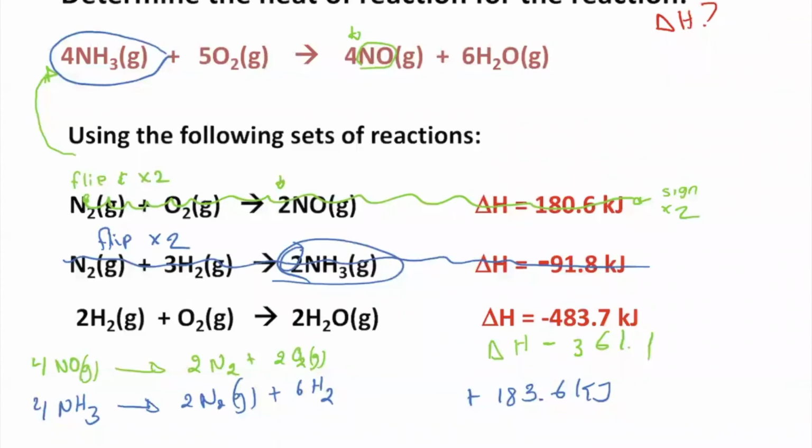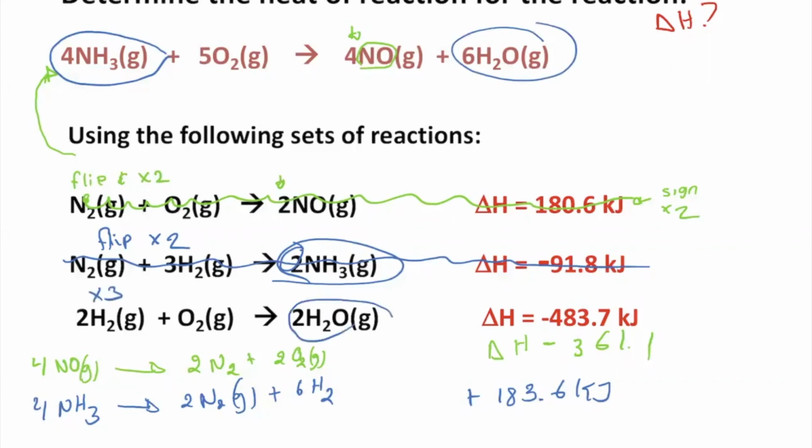Oxygen I left to the end because it appears in many places, so I just want to leave it alone. Now water: it's already in my products, but I actually want 6, not 2. So I'm going to take this equation and multiply it by 3.